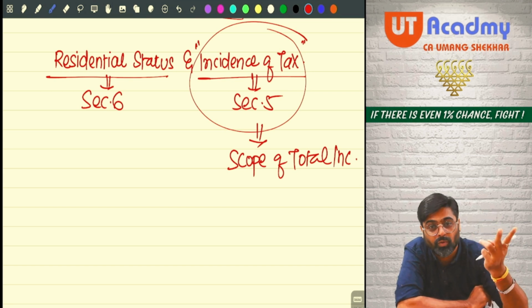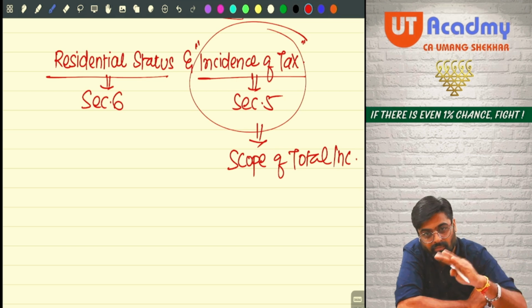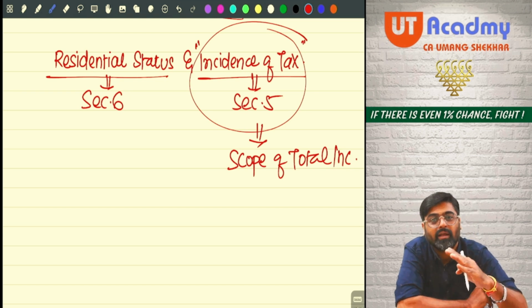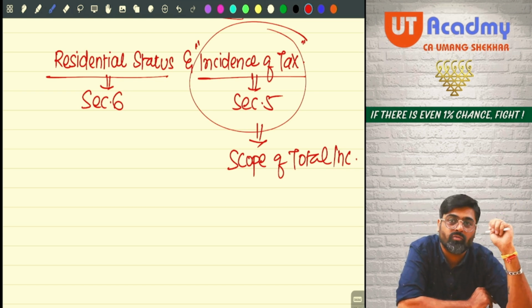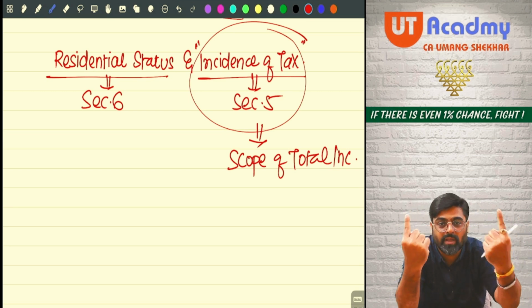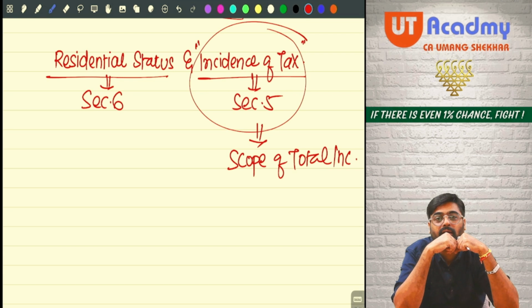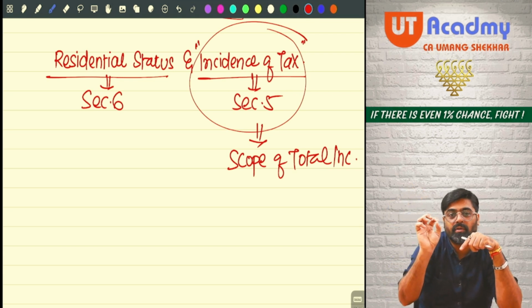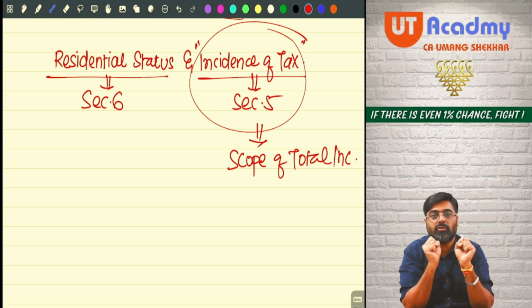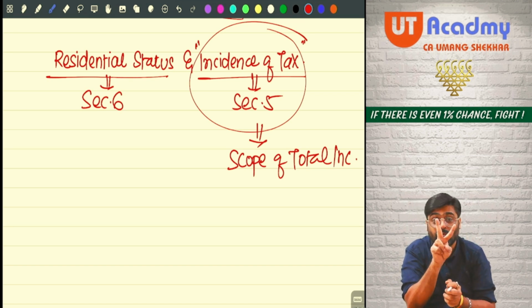Two sources, two employers with whom I am working. Morning till afternoon I'm working in one company, and evening till late night I'm working in another company. Both employers are paying me salary. So I'm earning salary from this source also, and from this source also. How many sources of income do I have? Two sources.